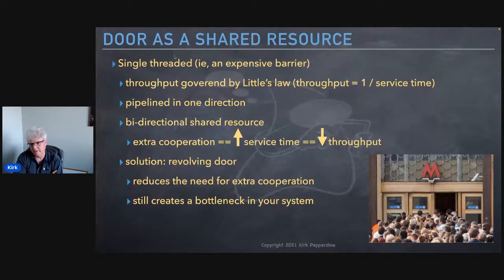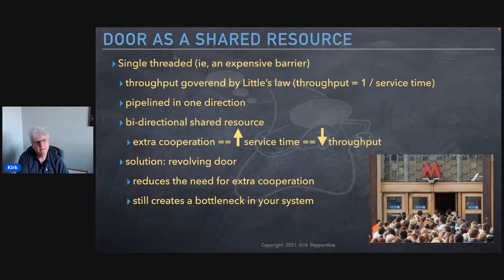Now there are some things that we can learn from this example that we can take into the computing world, which are actually positive benefits in this case. So if we think of the door as a shared resource, that means that basically one person can go through it at a time, which means that you hold that resource for a fixed period of time, and that's essentially like a single threading of the flow from one place to another, which is what's being controlled here, right?